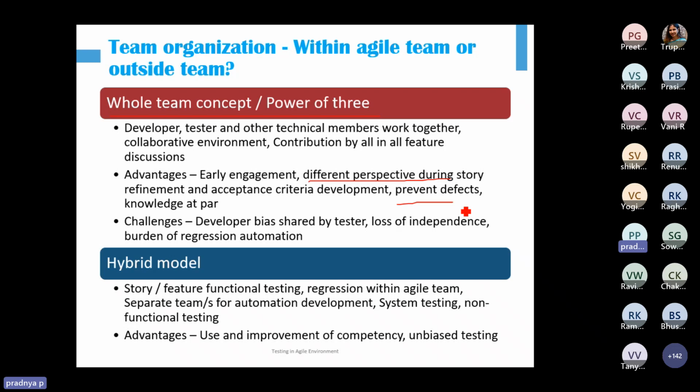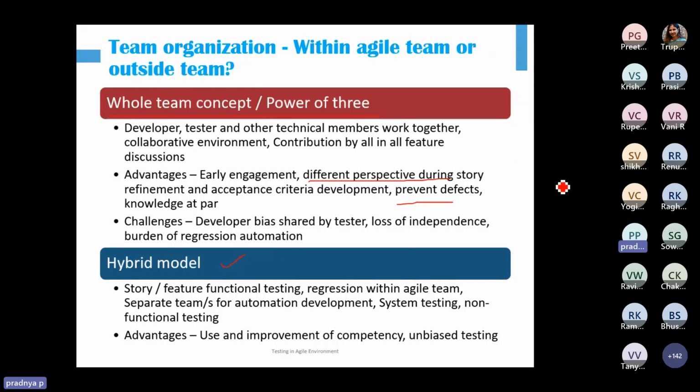So that's why many agile experts suggest a hybrid model. What is a hybrid model? We need to have two testing teams. One set of testers will be part of the development team, the agile team that is developing. For the story that is getting developed in that sprint, the testing of that sprint, the unit testing, should be done by those testers who are working with developers.